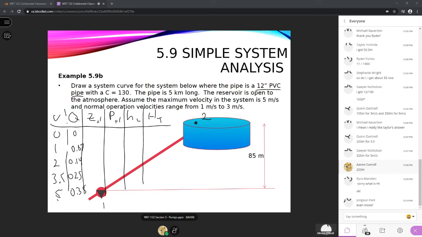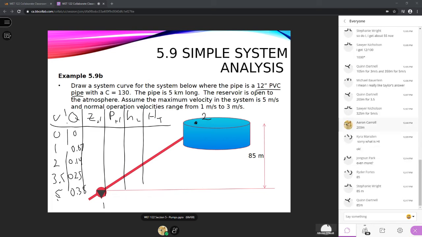But now we have a little bit more needs of our system. When we take a look at this system, what's the elevation head that this pump is going to have to overcome? Yeah, 85 meters.